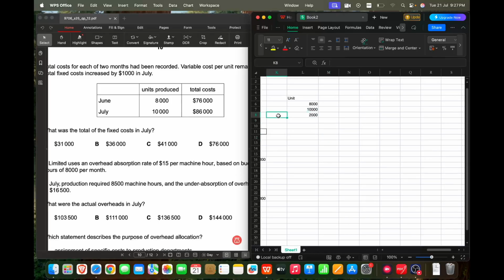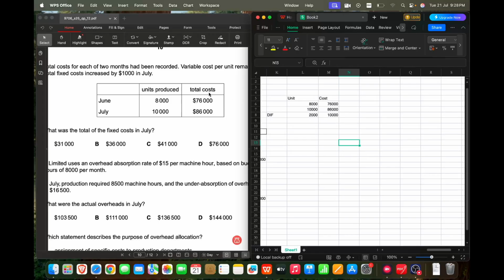And similarly, the total cost I paid is 76,000, and then this is 86,000. The difference that I paid out here is 86,000 minus 76,000, which is 10,000. So to produce 2,000 extra units, I paid 10,000 extra.